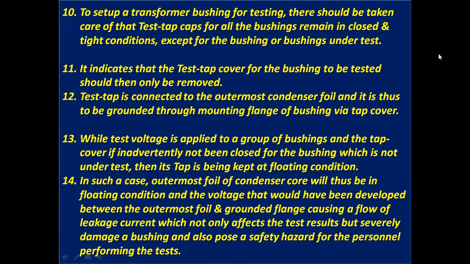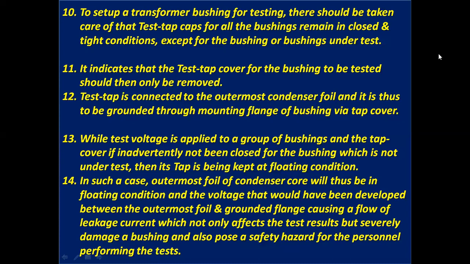It indicates that the test tap cover for the bushing to be tested should only then be removed. Test tap is connected to the outermost condenser foil and is thus grounded through the mounting flange of the bushing via the tap cover.